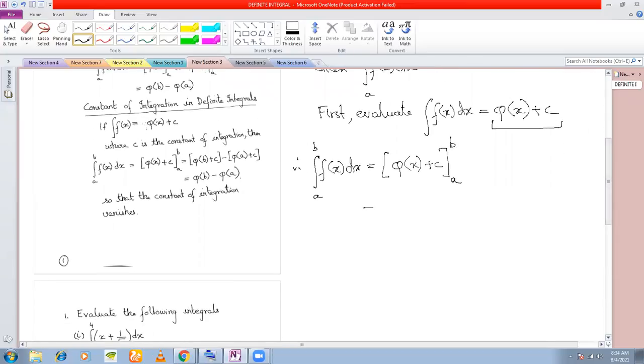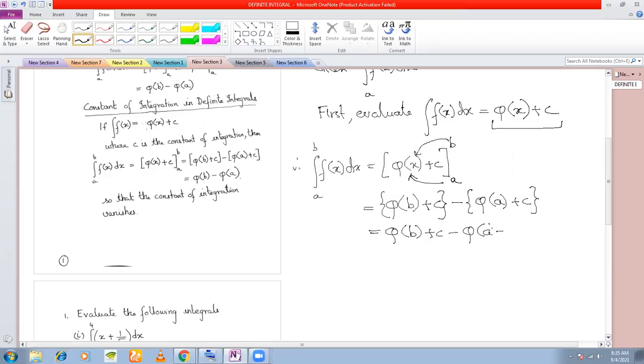First, we put b in this function, so I'll get phi(b) plus c. After putting b, we put a minus sign, and then we put the lower limit in the function, getting phi(a) plus c. So you get phi(b) plus c minus phi(a) minus c. Plus c minus c cancels, so you simply get phi(b) minus phi(a).